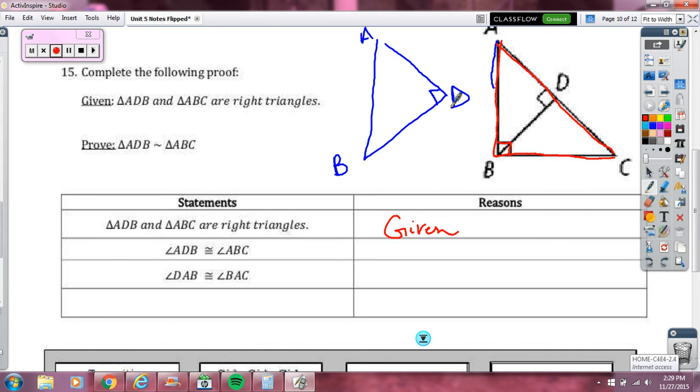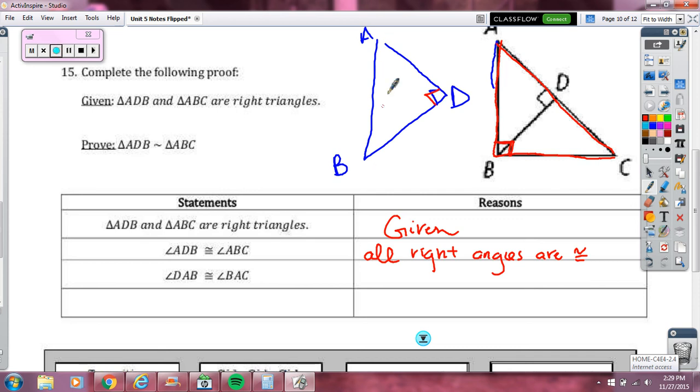ADB, so ADB is this one, and ABC, that one, are the same. They're both right angles, so that would be all right angles are congruent.